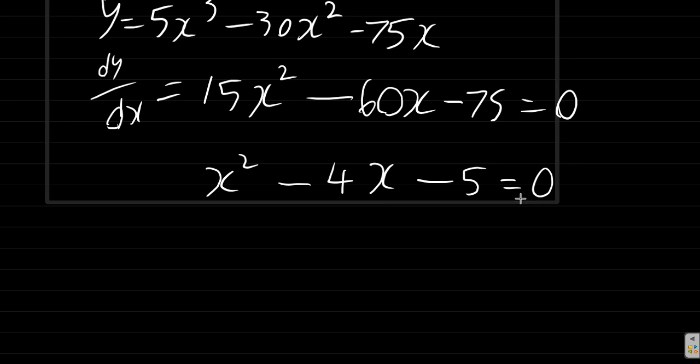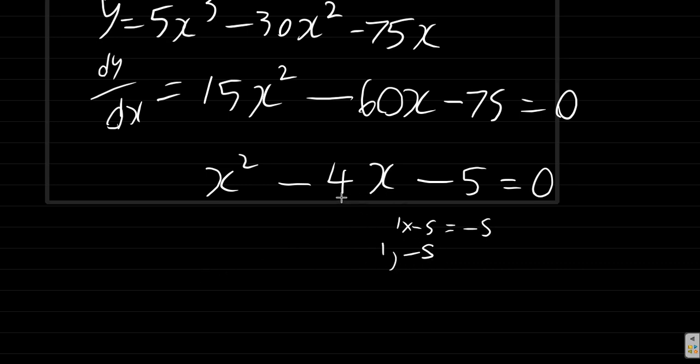Now, can this be factorized? Let's try factorization. Using the AC method, 1 times negative 5 is negative 5. Can you find two numbers that multiply to give you negative 5 and add to give you negative 4? Yeah, it's 1 and negative 5. 1 times negative 5 is negative 5. 1 plus negative 5 is negative 4.